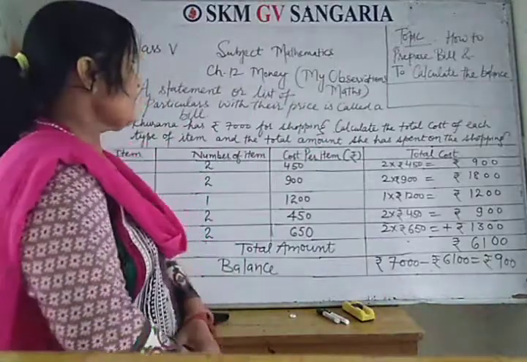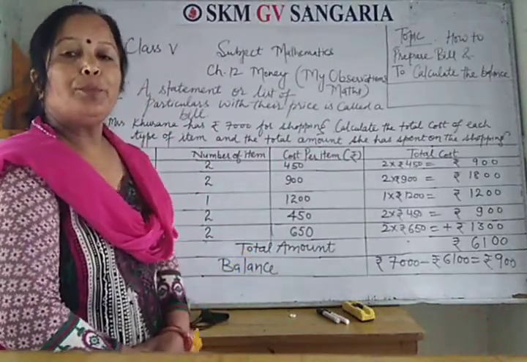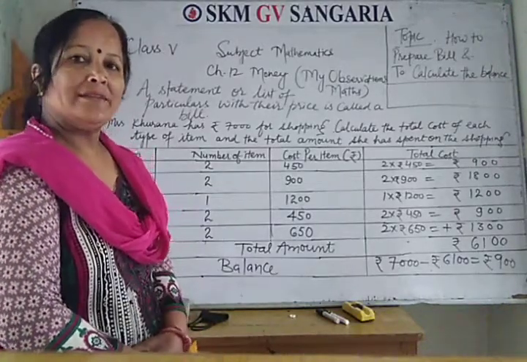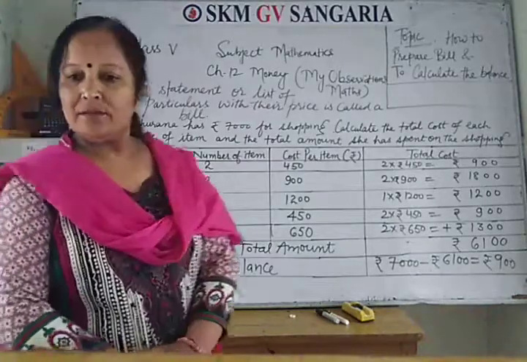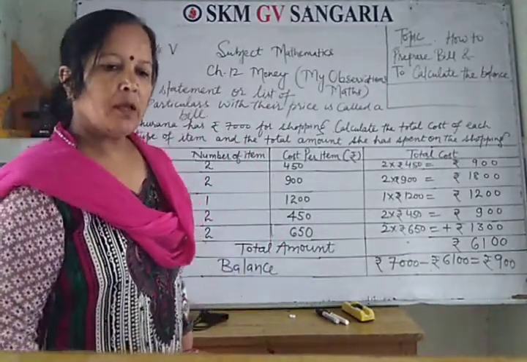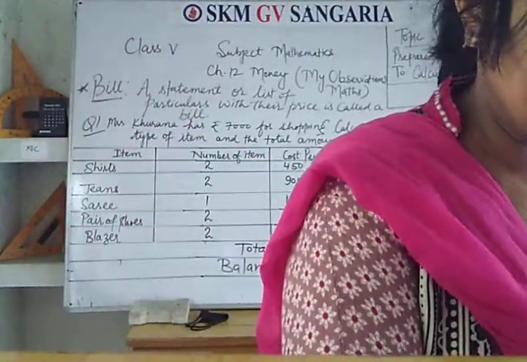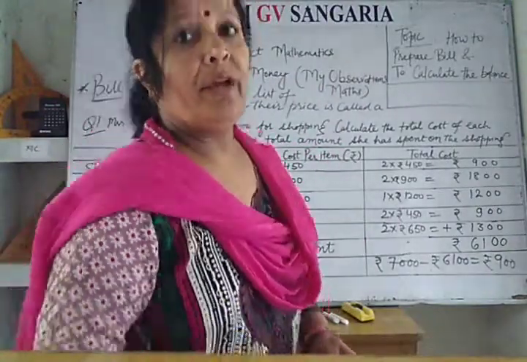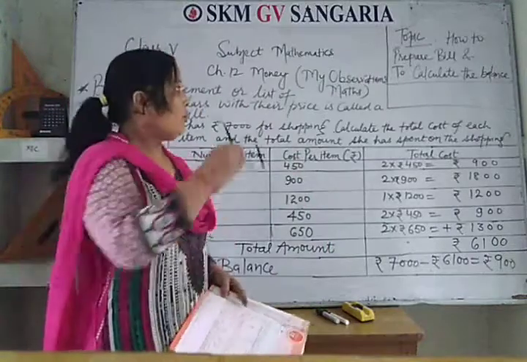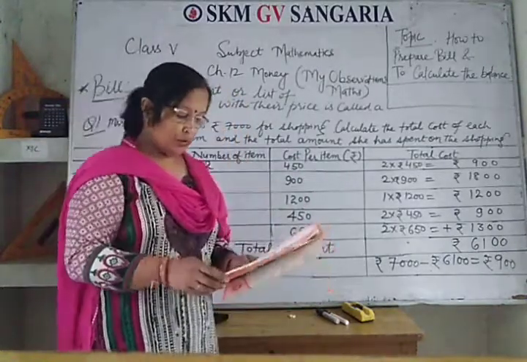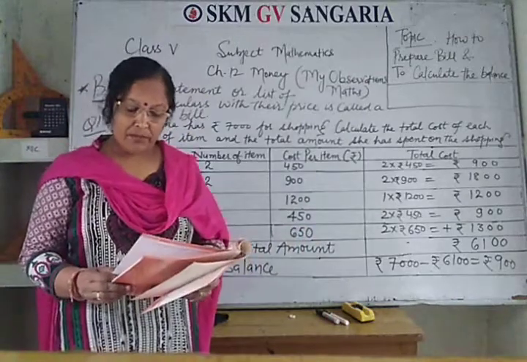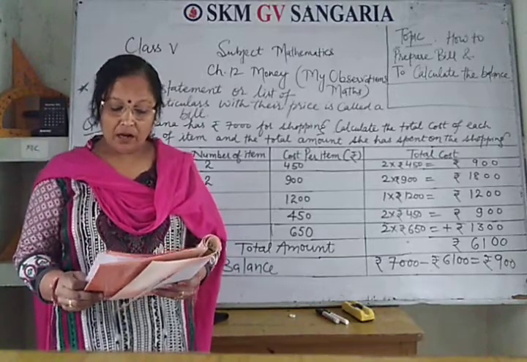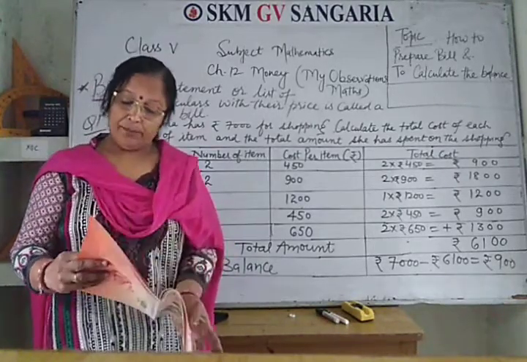In this way, you will learn how to prepare a bill and how to get the balance. Now you will try question number 2, 3, 4 and 5 of your My Observation Maths book. The price of some items is given to you and you will prepare a bill for the given number of items.